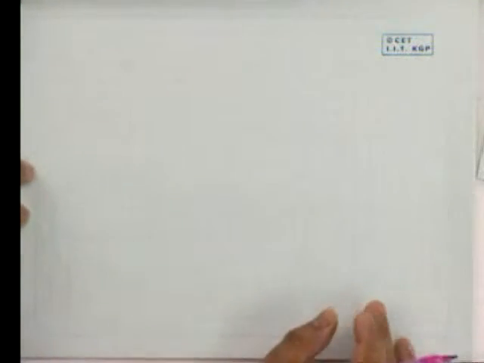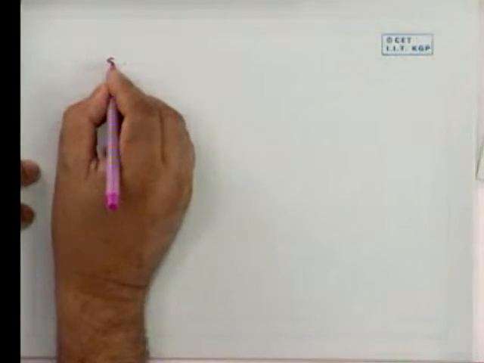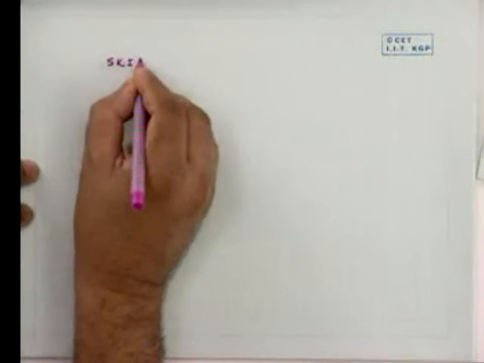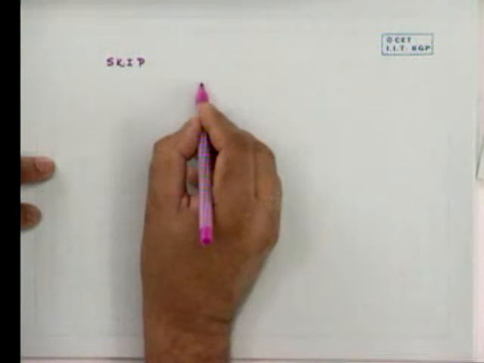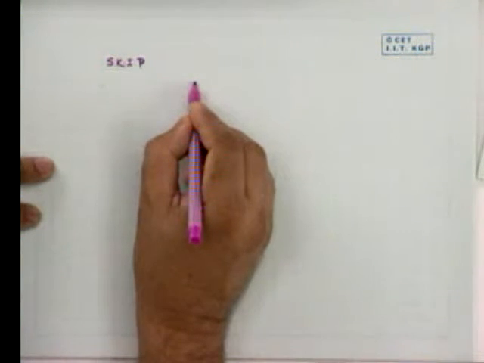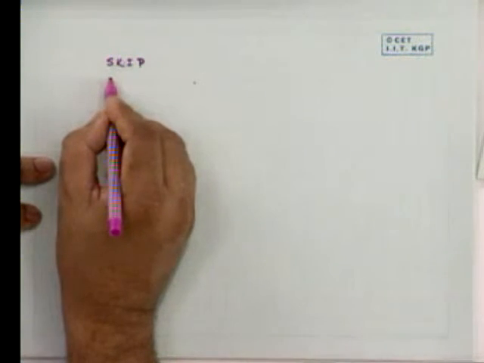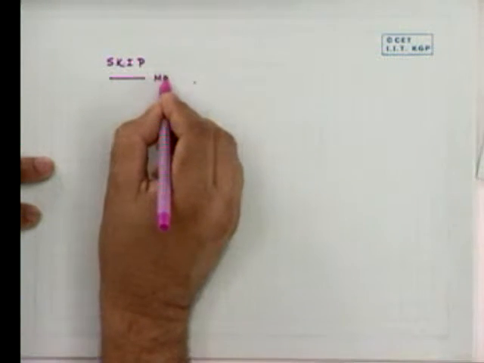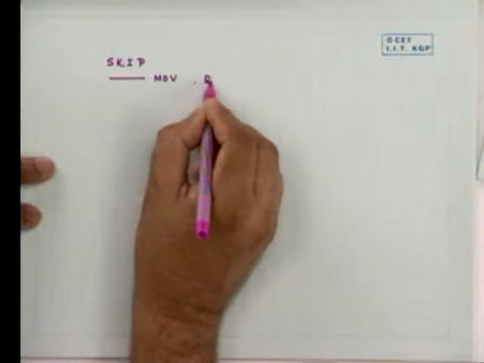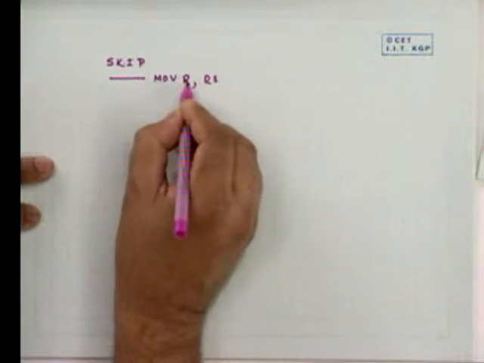Now, another instruction sometimes there is is the skip instruction. What the skip instruction does is this: for example, you have the skip instruction here, and you have one instruction next, say move register 1 to register 2.